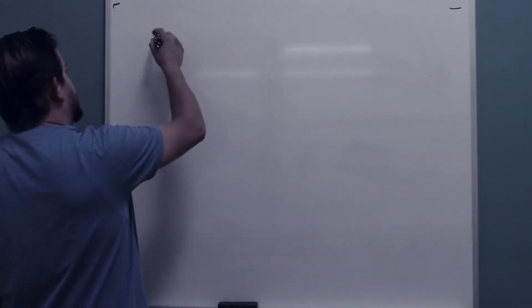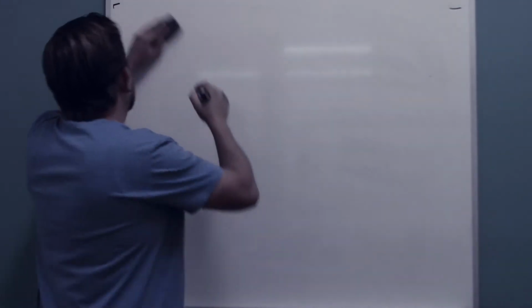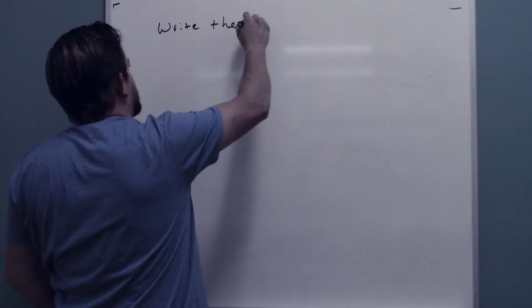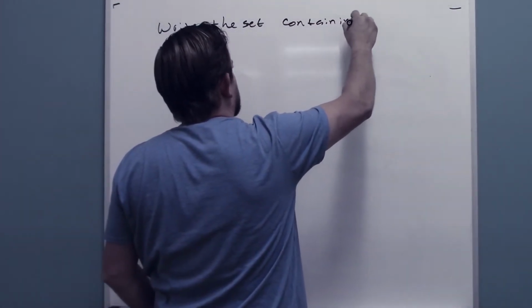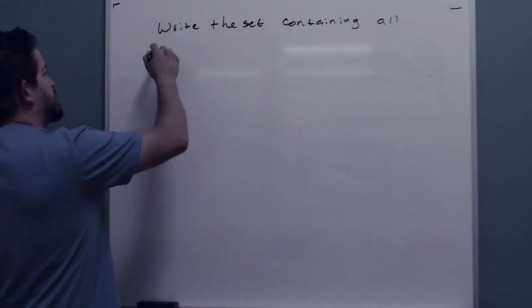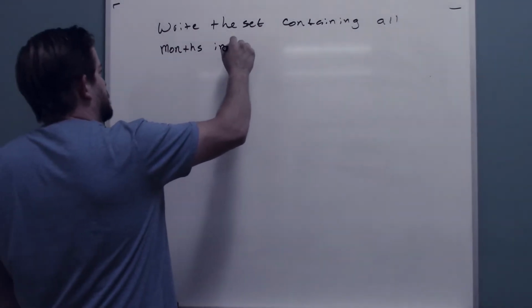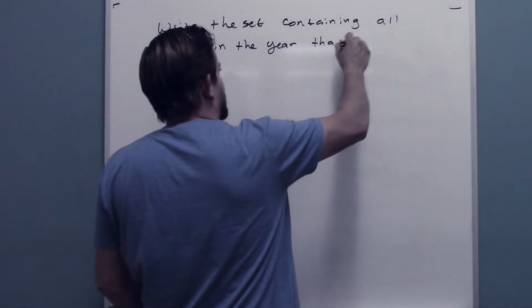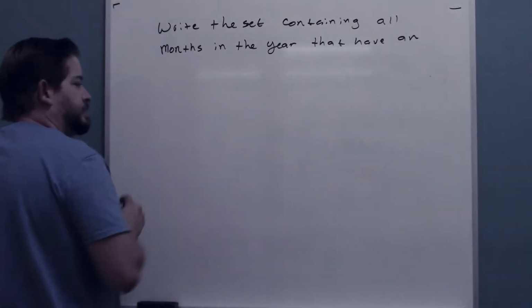We might also have, let's say, let's write this. Write the set containing all months of the year that have an O. Is that a good idea?